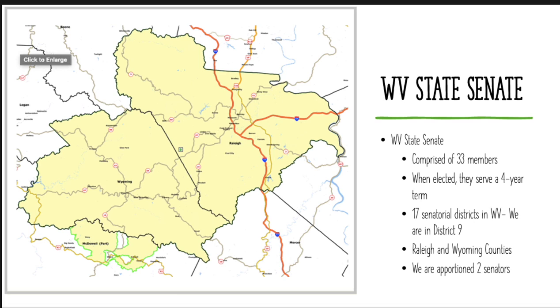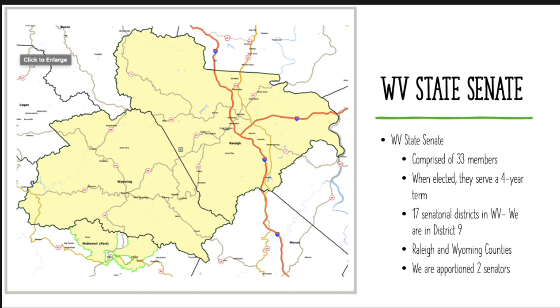Now, the way they do this is that somewhere along in here, there's a line, probably the border between Raleigh and Wyoming, where these people vote for one, and these people vote for one. So each part of our district is apportioned to senators, and they cut it in half as far as who you can vote for.